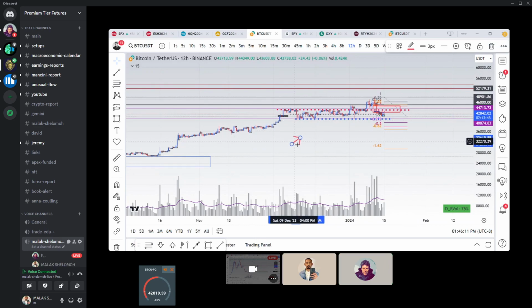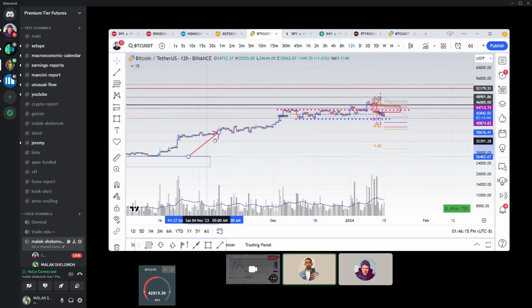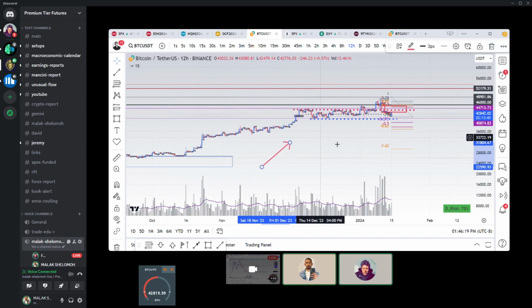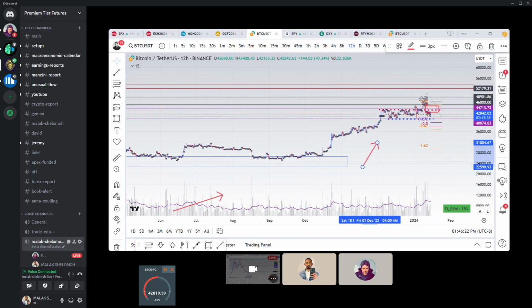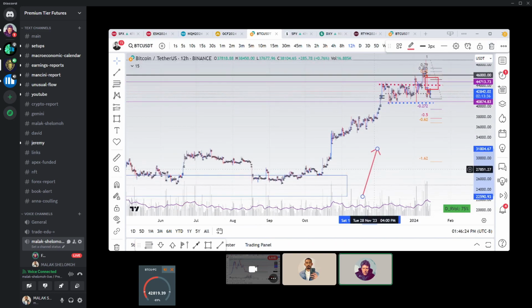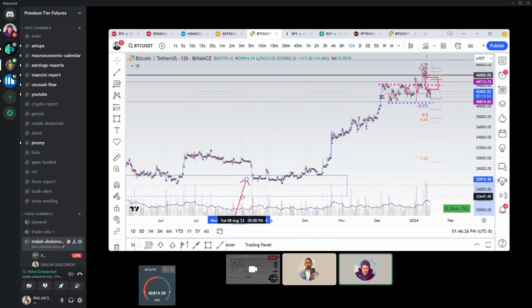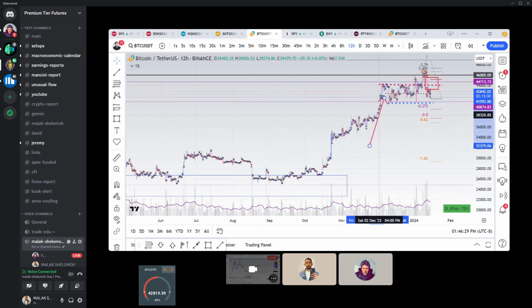Compared to this one here, it doesn't seem like it's that much longer. But if we're looking at each consolidation, we've got basically one off the bottom, two, three.